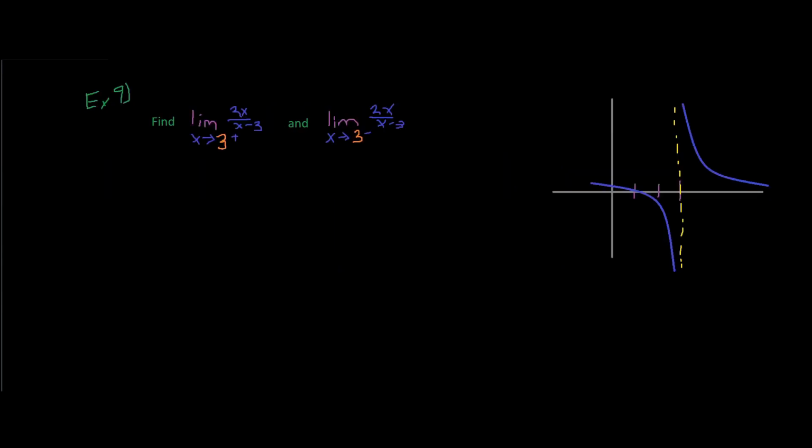Alright, find the limit of this function as x approaches 3 from the right hand side. This one says find the limit of the function as x approaches 3 from the left hand side.